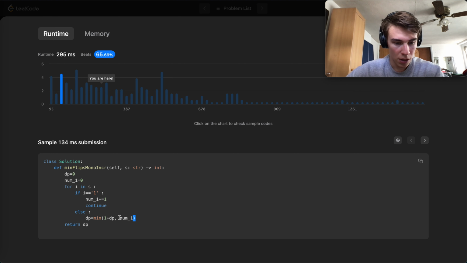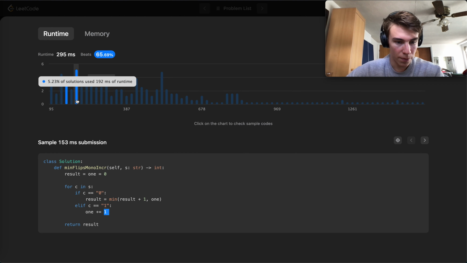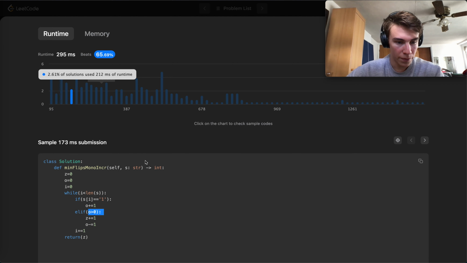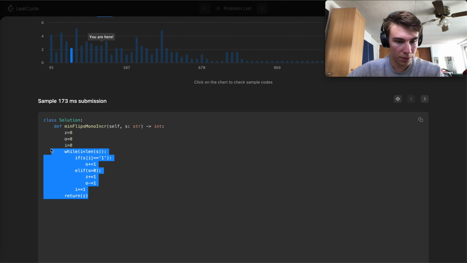the solutions here, although they are better or faster, it seems to me like they're less intuitive. Even here, min flips mono, zeros and ones, this looks good. And then for a while i is less than f, if it's a 1, add to 1.